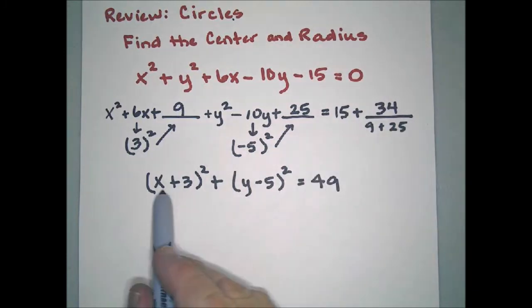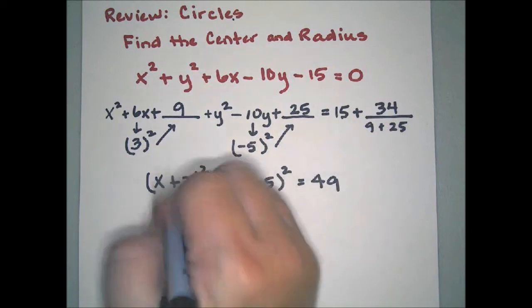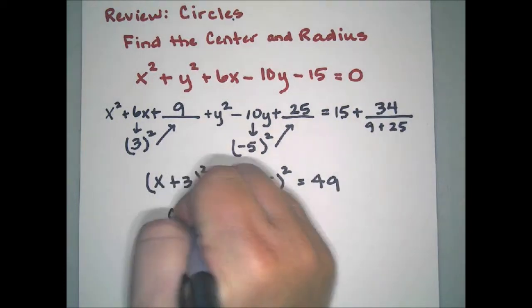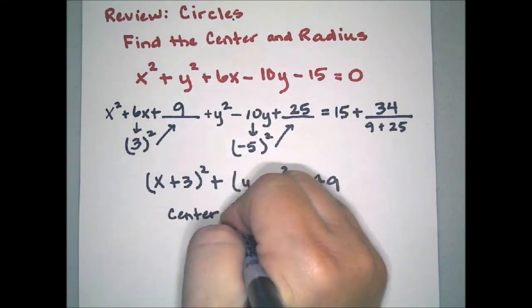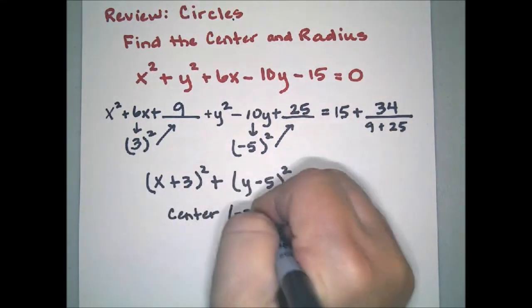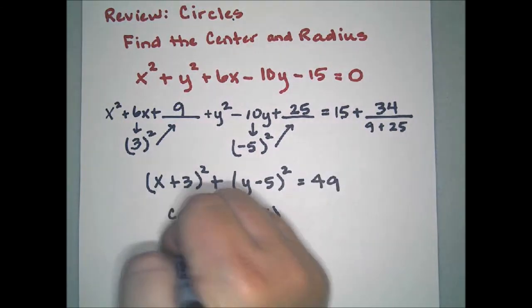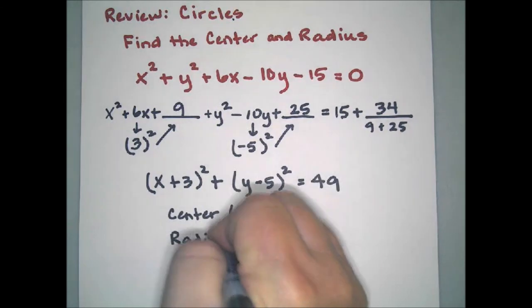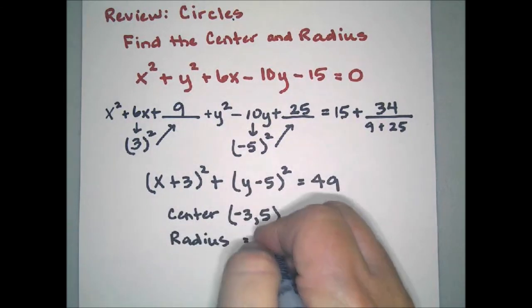So there's the equation of my circle, and from the equation I know the center is negative 3, positive 5. And I also know the radius is the square root of 49, which is 7.